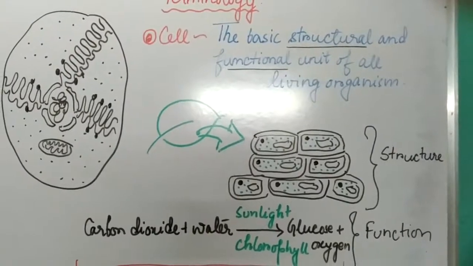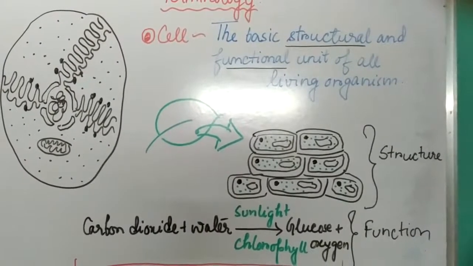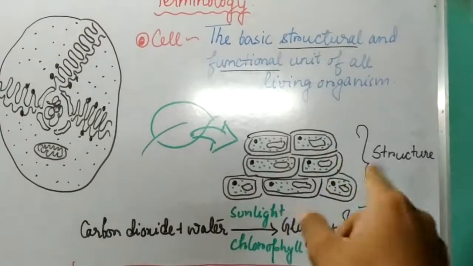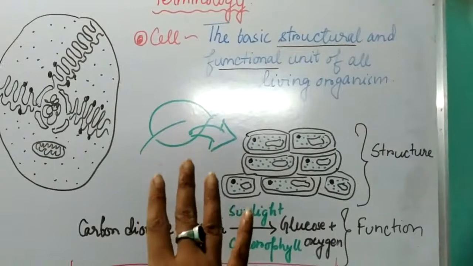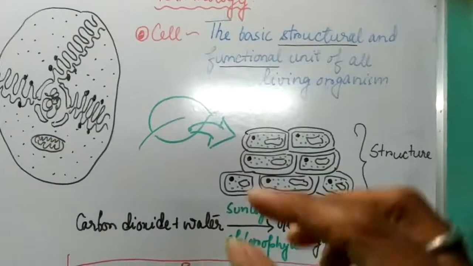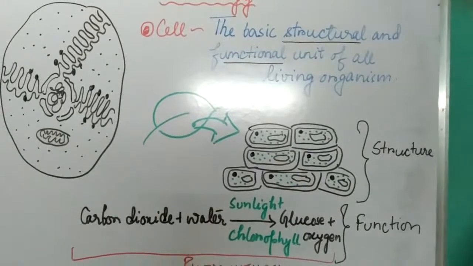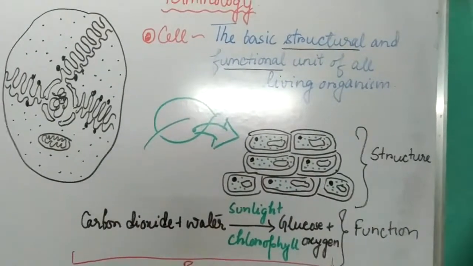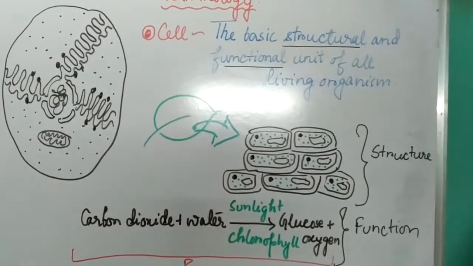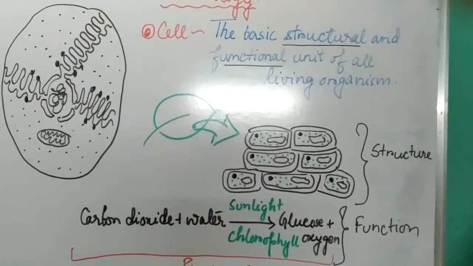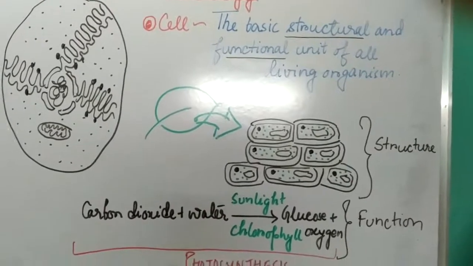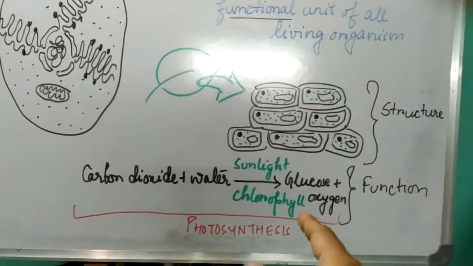You can take some other examples also, students, like the example of root cells. As I discussed, the root consists of unicellular root hair cells. So the root will be made up of cells like this. If you take a scraping of that root and view it under the microscope, you will see the same tiny structures over there. Again, in the root also, it is made up of tiny compartments called cells.